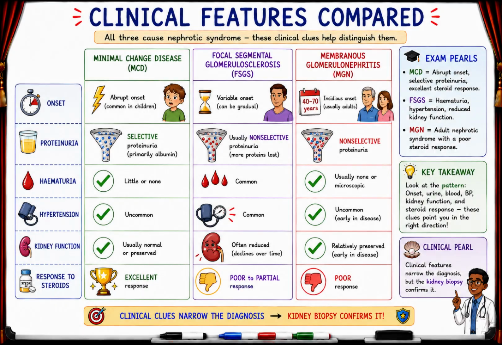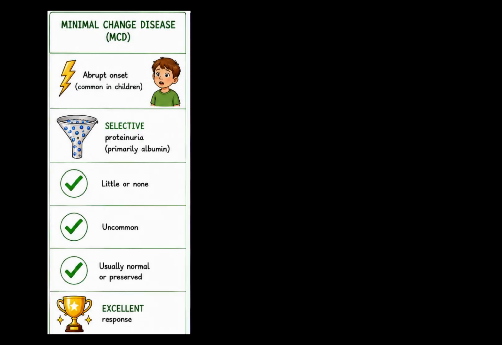Let's see what the clinical presentation adds. Although all three diseases cause nephrotic syndrome, several clinical clues can help distinguish them. MCD typically presents with an abrupt onset, selective proteinuria, and little or no hematuria or hypertension. It also has an excellent response to corticosteroids.